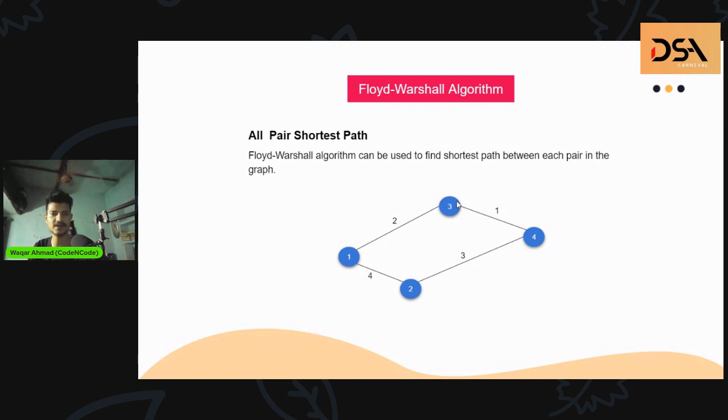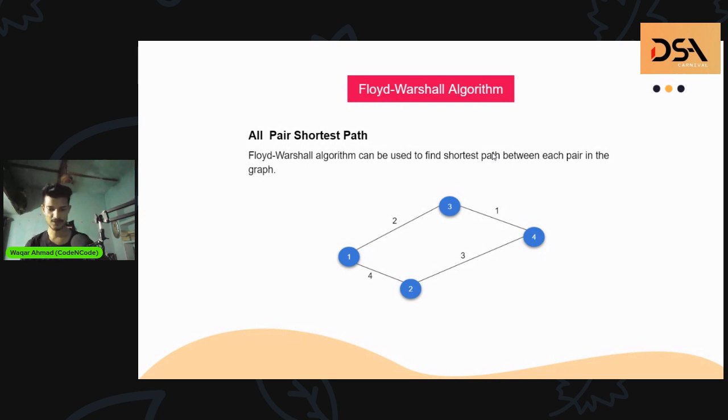For example, the minimum distance between nodes 3 and 4, 3 and 2, 3 and 1, 1 and 4, 1 and 2. The question can be to find the minimum distance between any two nodes. In that case, we need to evaluate the shortest distance between each pair, and that's where the Floyd-Warshall algorithm comes in. It uses a dynamic programming approach.